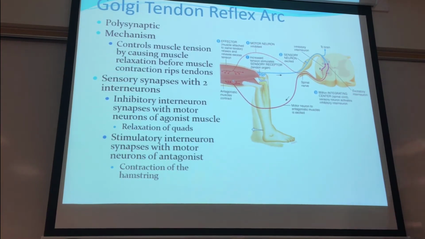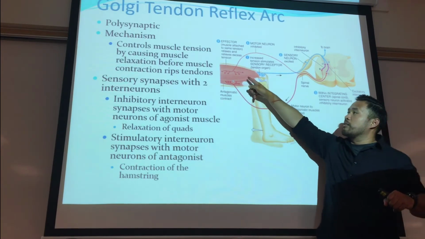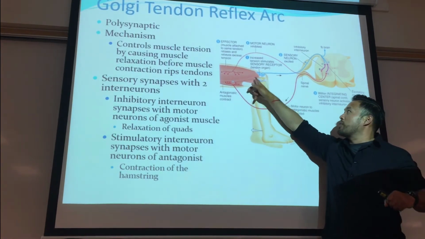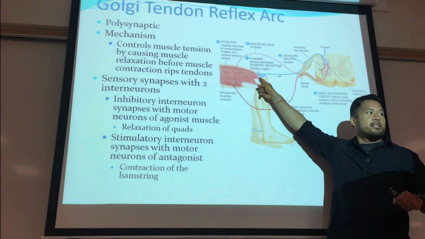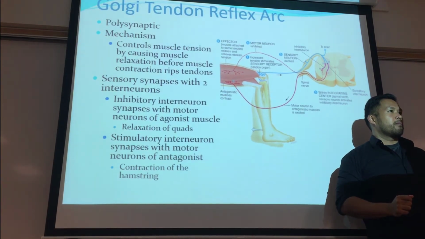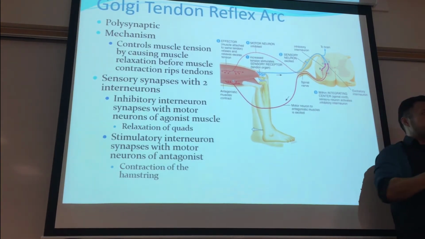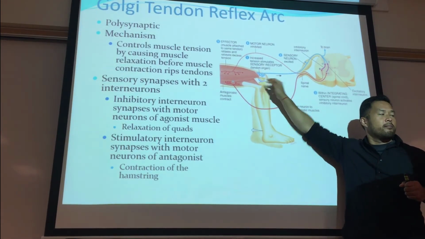With excessive stretching of the muscle, you would start to see the muscle spindles being stretched, which would start the contraction, but the Golgi tendon will override it. It'll detect way too much load on the muscle itself, and then it'll cause it to relax. And that's what gives that flexibility in the muscle itself. It can accommodate loads, but to a certain extent.